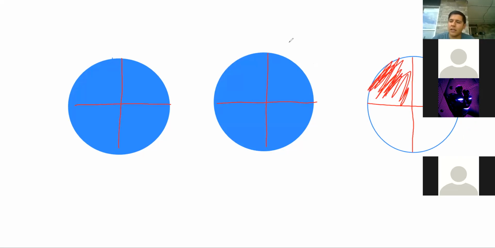Okay, so let's say we have 3 circles. And let's say 2 of them are completely full, and then the last one is shaded in only one part. How would we express this as a mixed number, first of all?